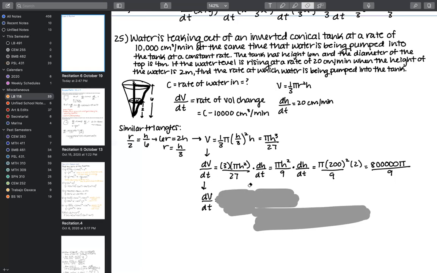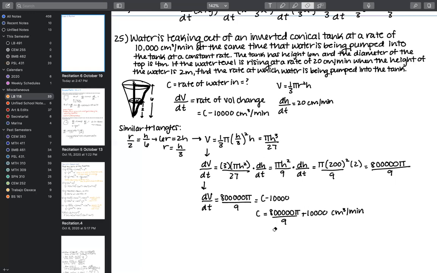And so now we're going to plug in this information. We know that dV/dt is equal to this 800,000 pi over 9. We also know that dV/dt is equal to C minus 10,000 centimeters cubed. And so we can get that C is equal to 800,000 pi over 9 plus 10,000 centimeters cubed per minute.